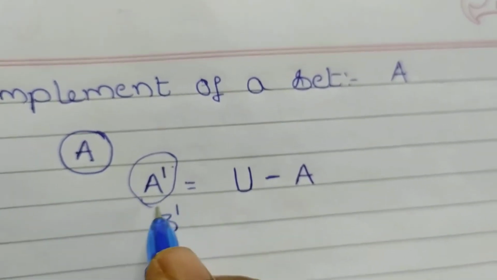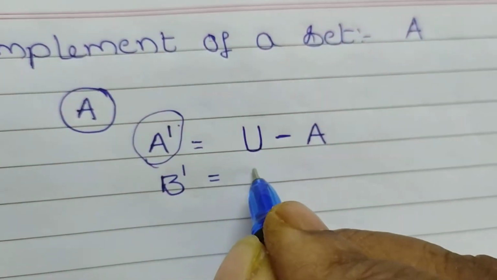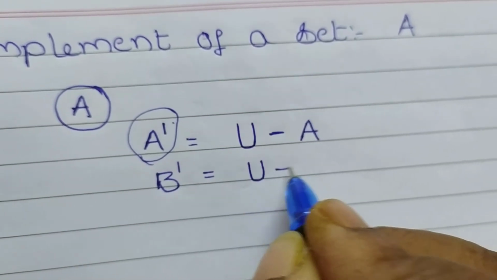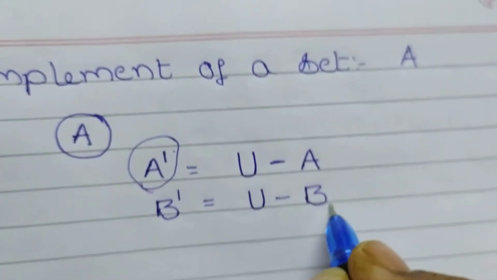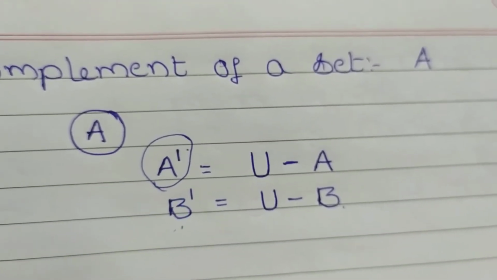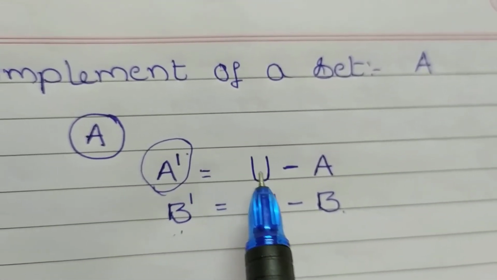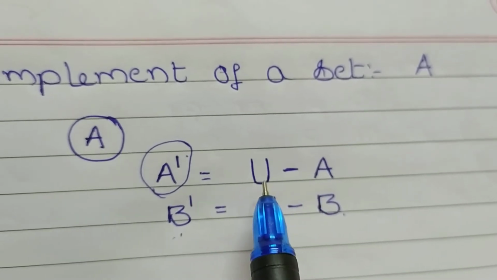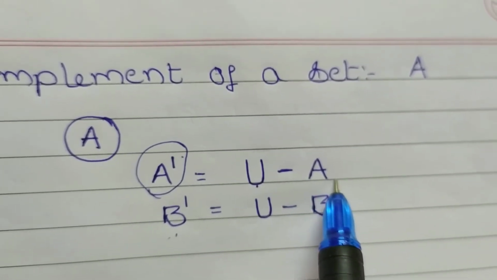I want the complement of this, which means I should subtract it from the universal set. Universal set minus B gives me the B complement. So the complement of any set is nothing but the difference between the universal set and the set itself.